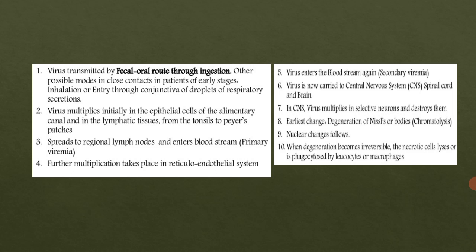Now the virus is carried to the brain and the spinal cord. In the CNS, the virus multiplies in the neurons and destroys them. The earliest changes, the degeneration of the cell bodies, we call chromatolysis, lysis of these bodies.